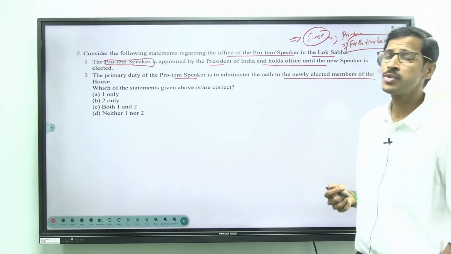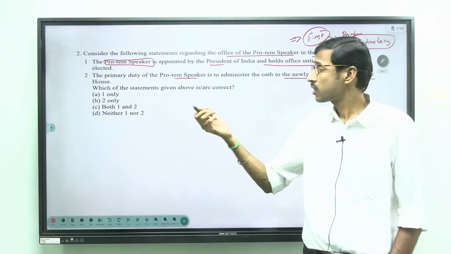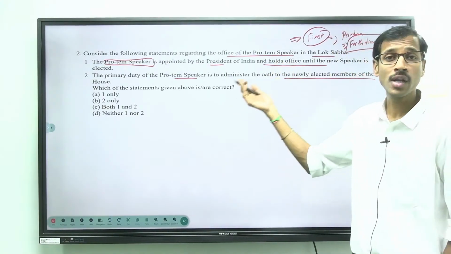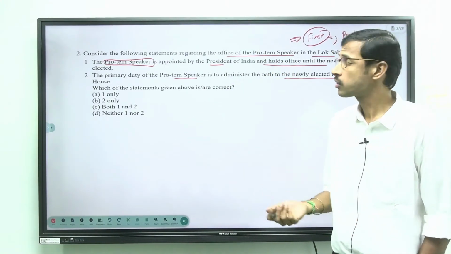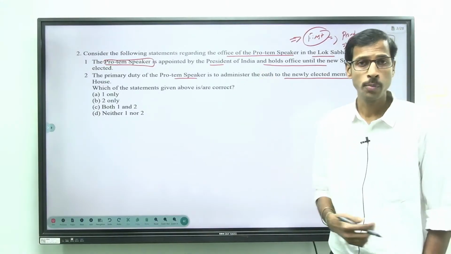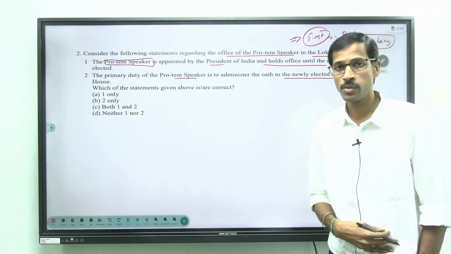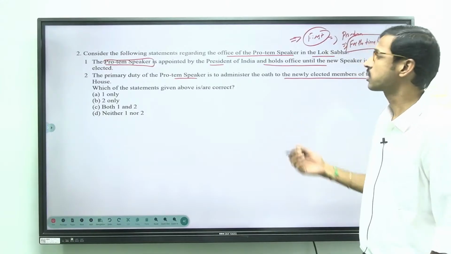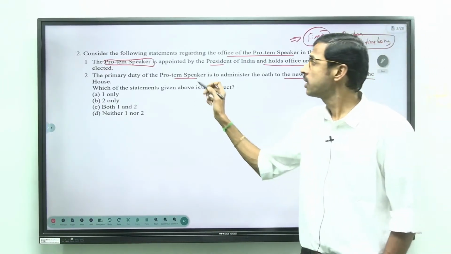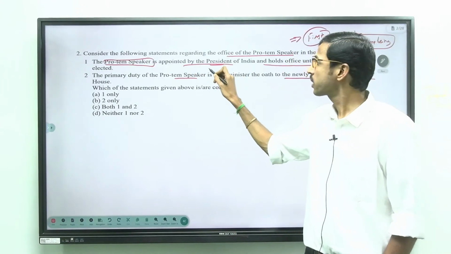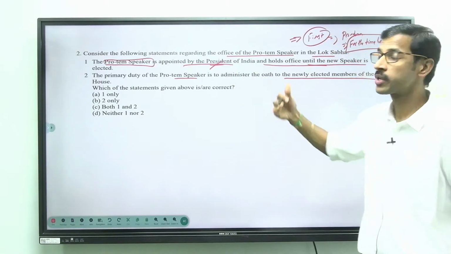He will administer the oaths of the members, and also the oaths of the speaker and deputy speaker. Those are the important functionalities here. He is appointed by the President, that is correct, and he holds office until the new speaker is elected.